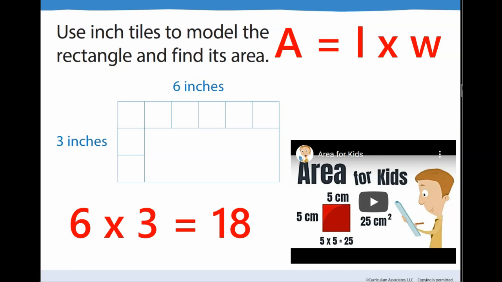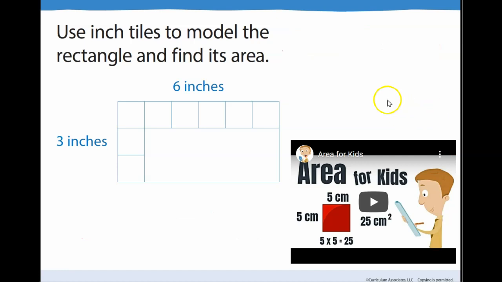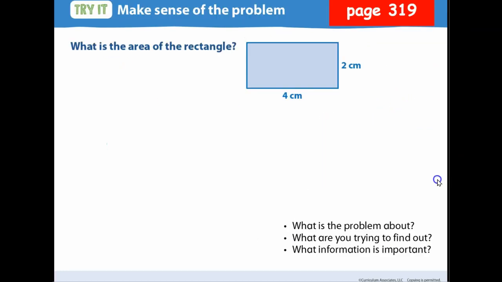All right. Perfect. You guys are fabulous. So it says find the area of the rectangle. So again, can you tell me what's the formula? Length times width. So go ahead and find the area of this rectangle.